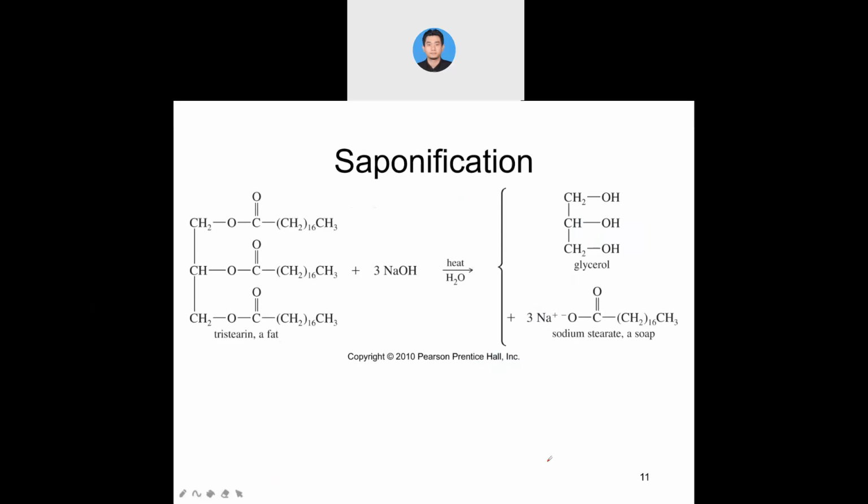Next we look at the reaction. We have a fat, then we react it with a base, for example sodium hydroxide in water, then we reflux. It will hydrolyze to form glycerol and also sodium stearate, or what we call soap.